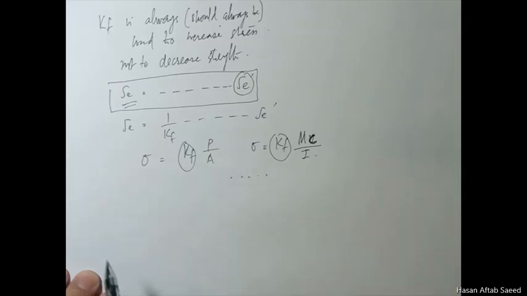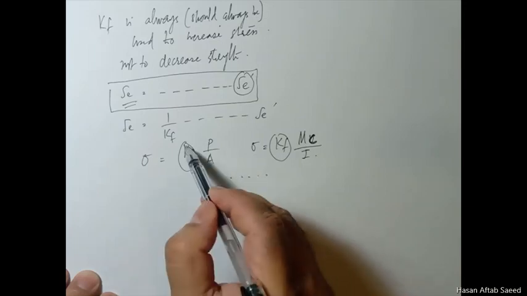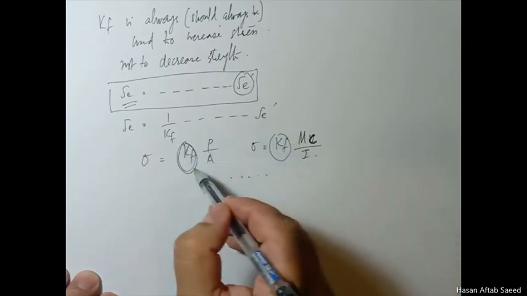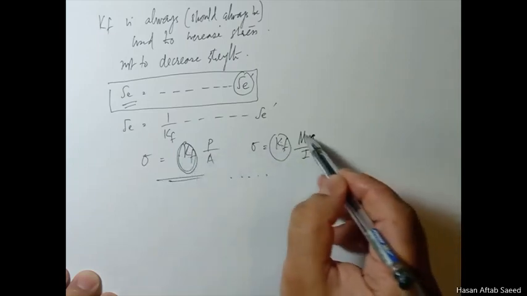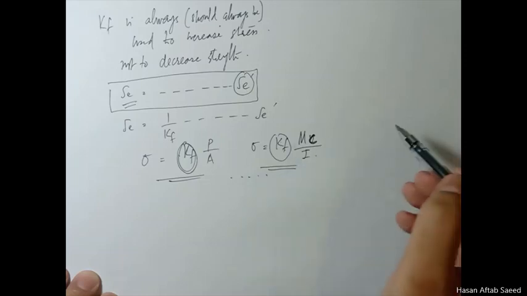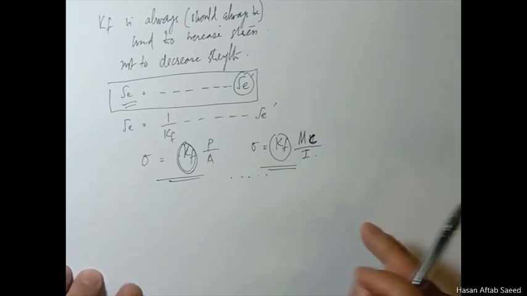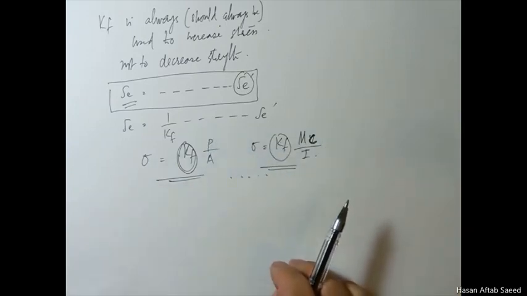When you have combined loading, there is no other option but to apply the stress concentration factor to the individual loading. For axial loading, you'll apply it here. This one will be different from this KF. You apply it here for bending, and if there's a torsion, you apply it there. And what to do when there's a combined loading case, we'll discuss later on.